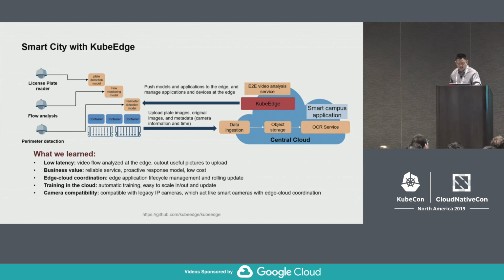What you can see here is there's a clear edge component which runs intelligent algorithm to carve out car shape or picture of the car, carve out the license plate, but then send the information to cloud through a constant connection. And in the cloud, more complicated logic or heavier service can be called.